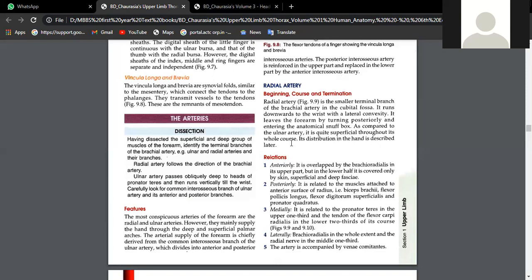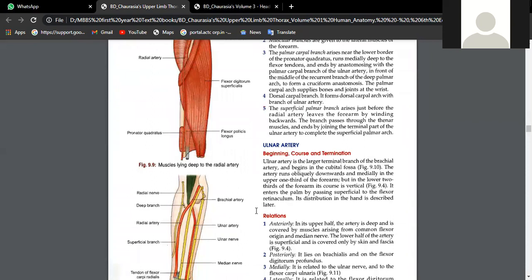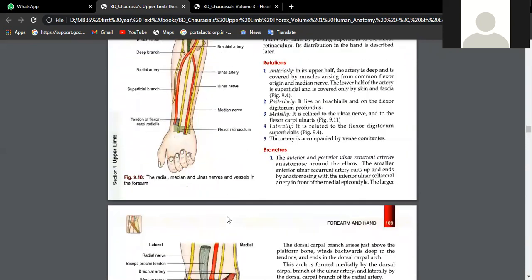Okay, beta. So the radial artery is the smaller terminal branch of the brachial artery in the cubital fossa. It runs downwards. You just read it once, beta.